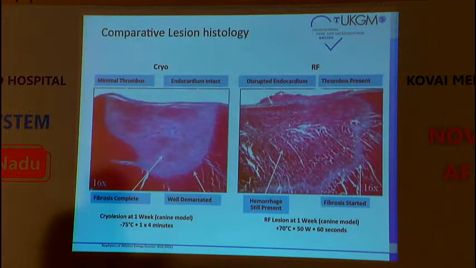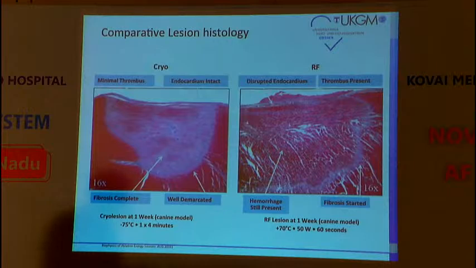Good. So basically, what happens with the tissue? What happens with the tissue if you compare cryo lesions to RF lesions? I don't want to go too deep into that, but what you see at the end of the day is that cryo preserves the extracellular matrix, and it does not denature the proteins.